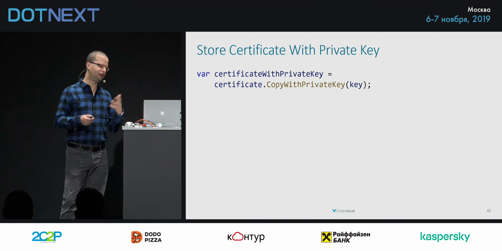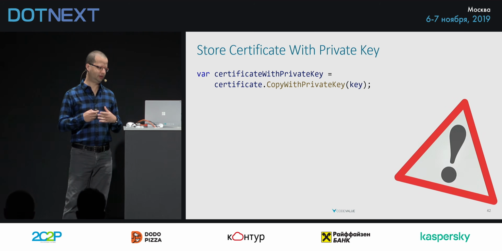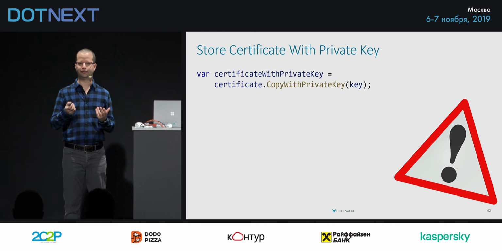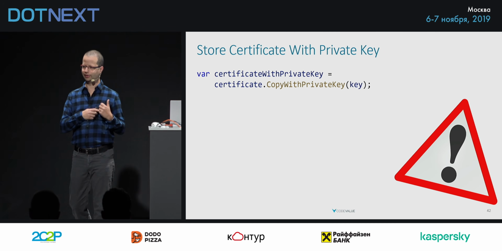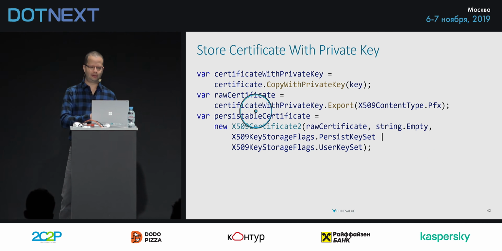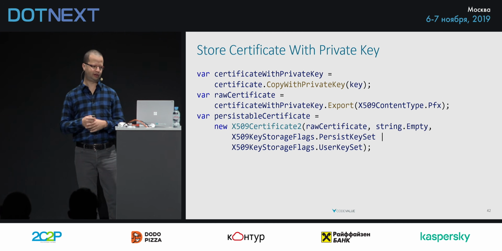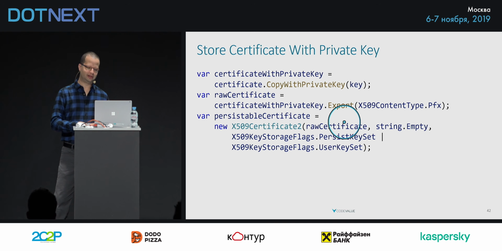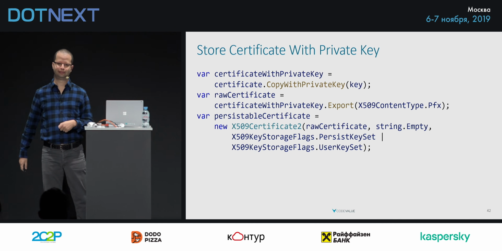That's one way. Or another way, which is a workaround, which was actually posted by Microsoft on the GitHub issue which describes this problem, is to do the following: export the certificate with the private key into a PFX in memory. PFX is a format for storing your certificate, and then re-import it, only this time with the appropriate keys.